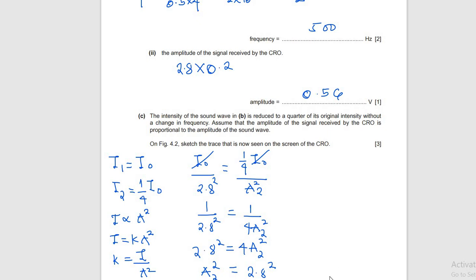Let's see what has changed, assuming that the frequency is constant. Since frequency is constant, the period will remain the same as the period of the first graph. Period is also constant. Frequency is constant. Amplitude changes. The new amplitude is now 1.4. Let's sketch the graph.